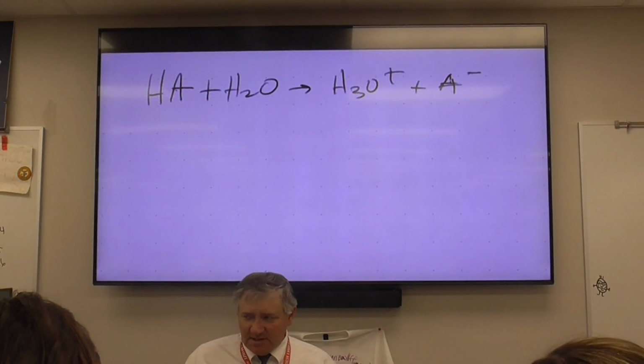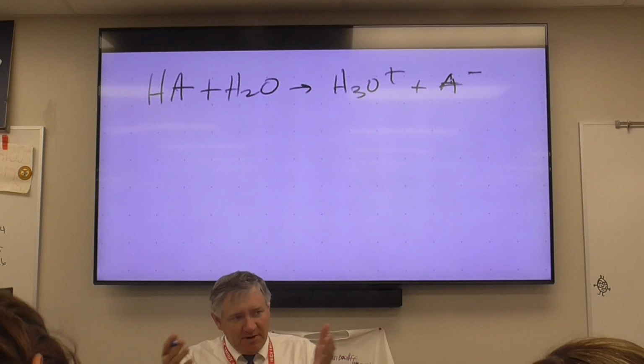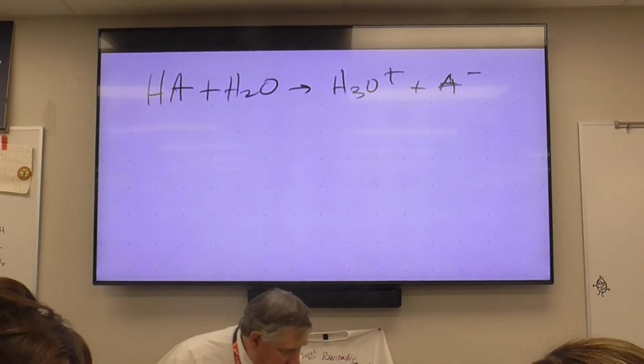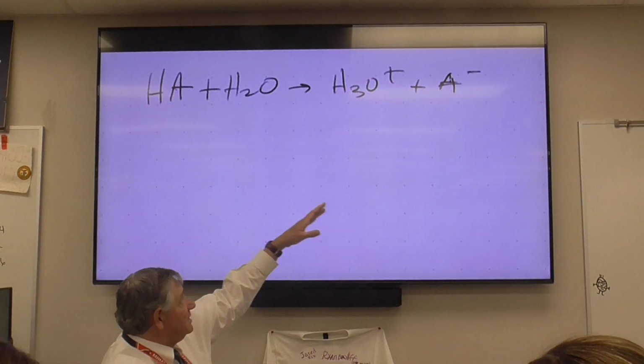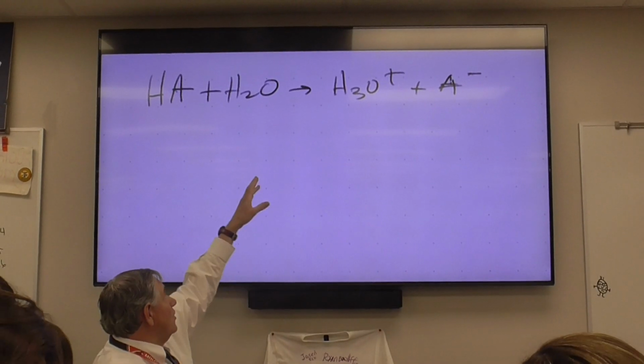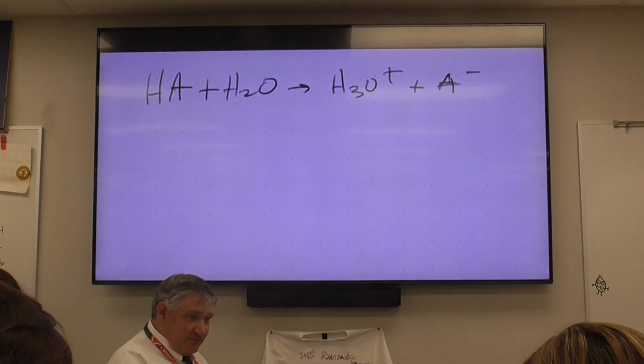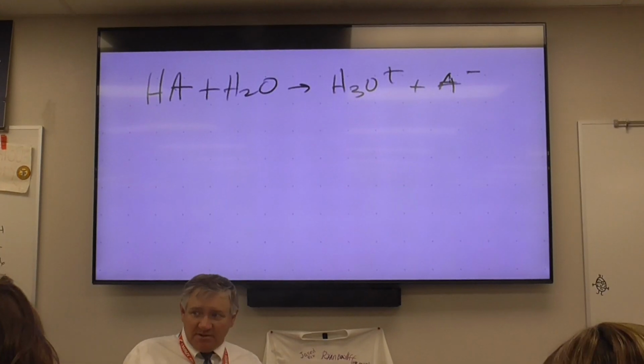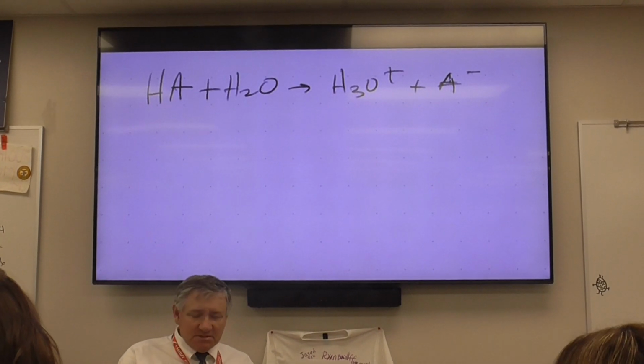So the question is, what's the dominant form? Does equilibrium lie on the right? In other words, do you make a lot of hydronium ions and anions, or does it stay mostly on the left? That's the $1,000,000 question, and those are the two extremes.